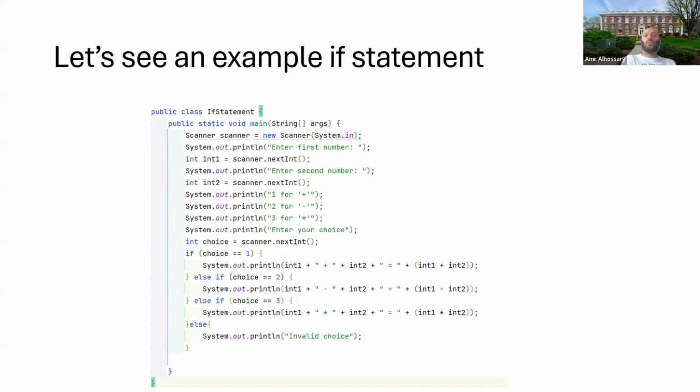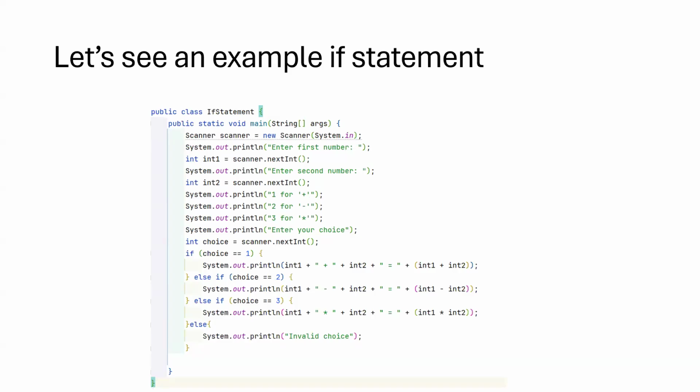The calculator starts with taking the first number as an integer and the second number as an integer as well, and it does one operation based on a choice. You can enter one, two, or three: one for summation, two for deduction, and three for multiplication. The choice will be one, two, or three.